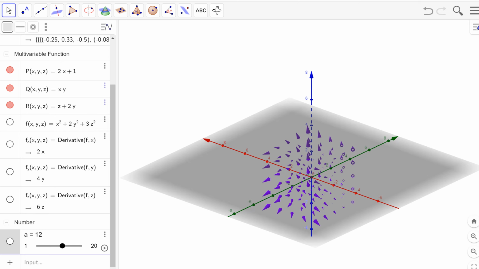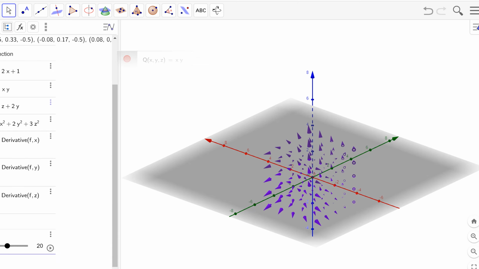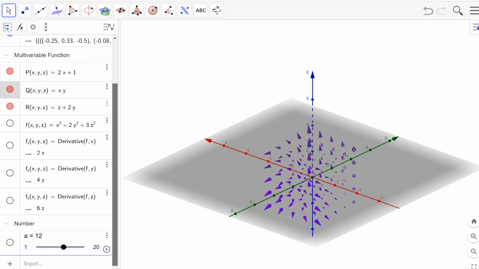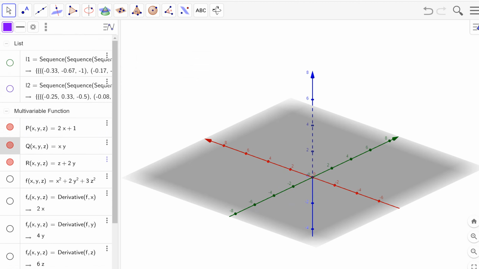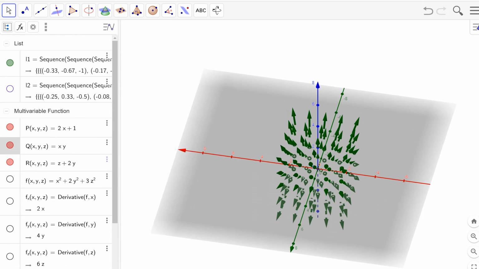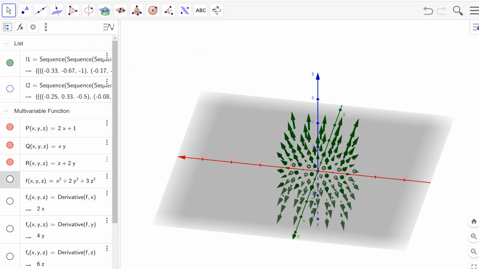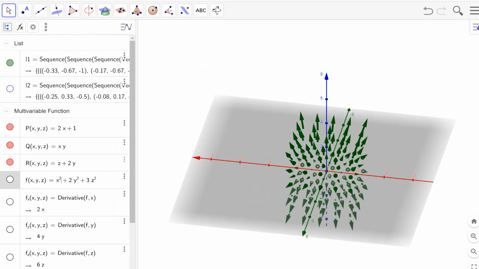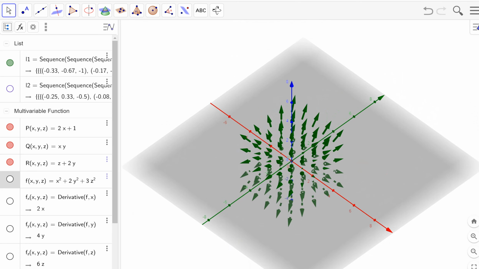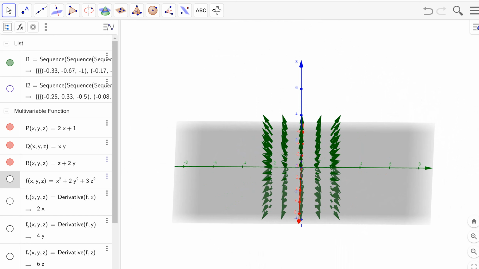The second is the gradient field. So the gradient, let me see. Okay, so let me unclick this vector field and click the first one. So this is the gradient vector field. You just input a different function f, then it will change the gradient vector field. So look at this guy.